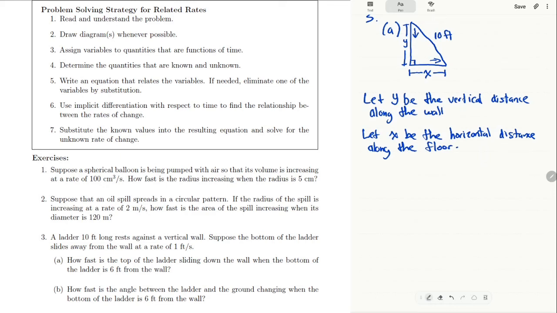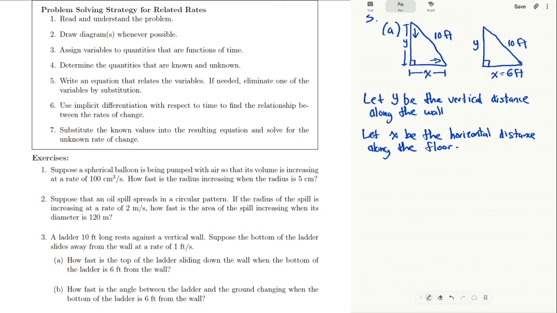So what we're interested in is how fast the top of the ladder is sliding down the wall when the bottom of the ladder is 6 feet from the wall. So the moment when x is 6 feet, we are interested in determining how fast the top of the ladder is sliding down the wall.